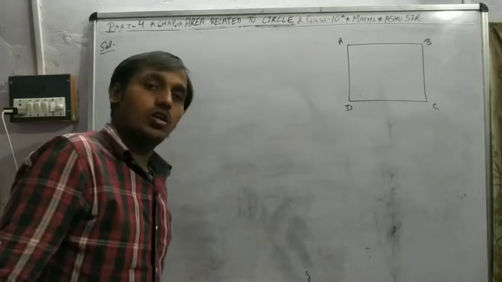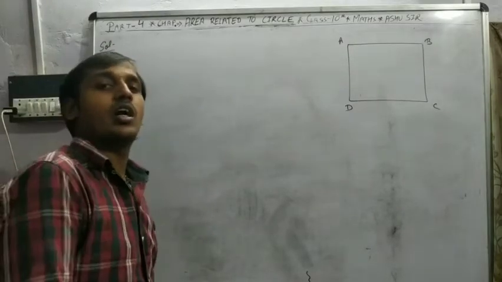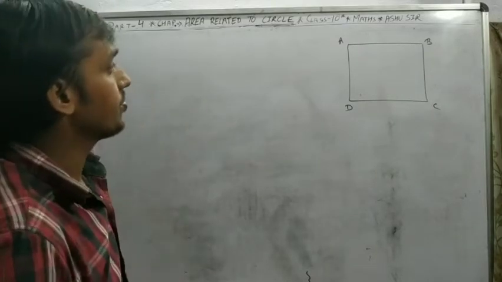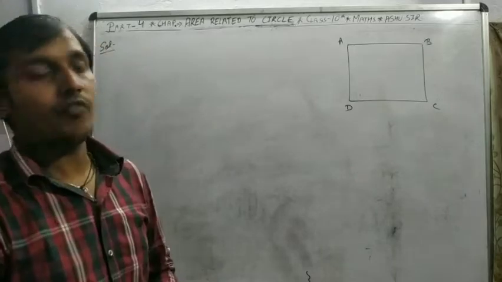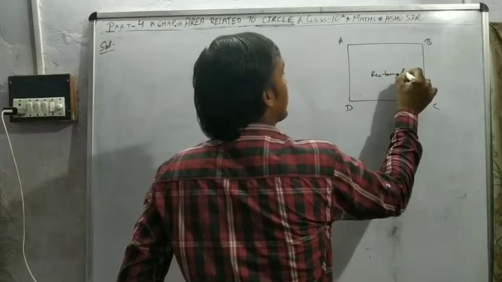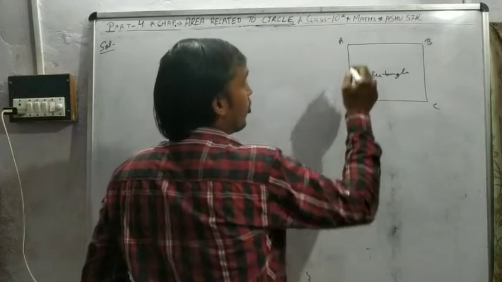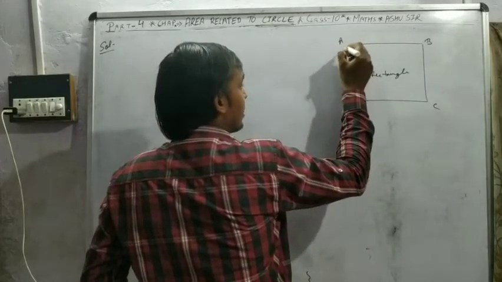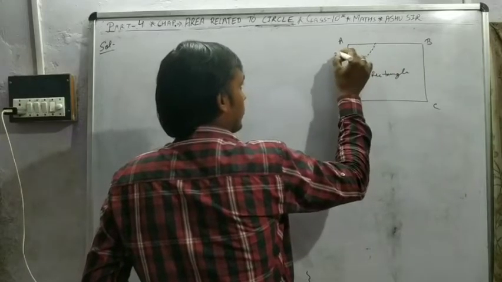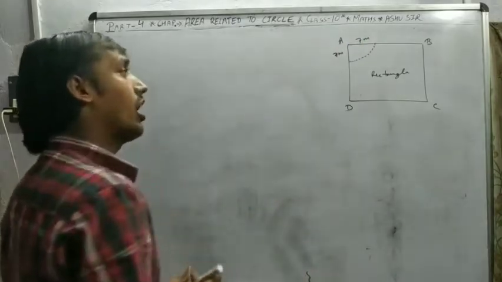Hello students, today we are going to take some important questions from the chapter on areas related to circles, class 10 mathematics. The question is: from any corner of a rectangle, a horse is tied with a rope of 7 meters.